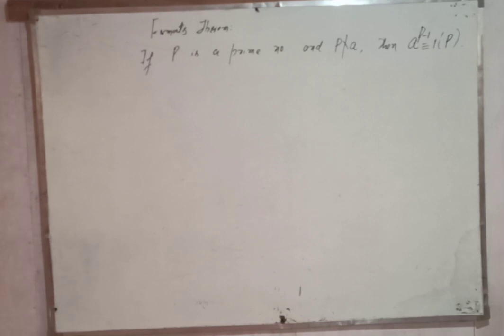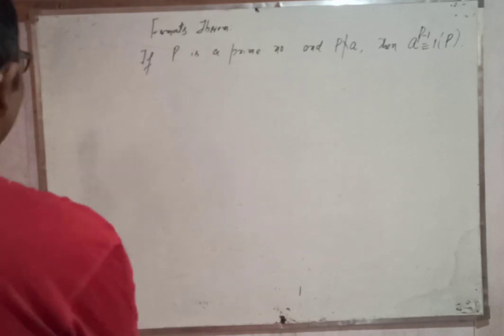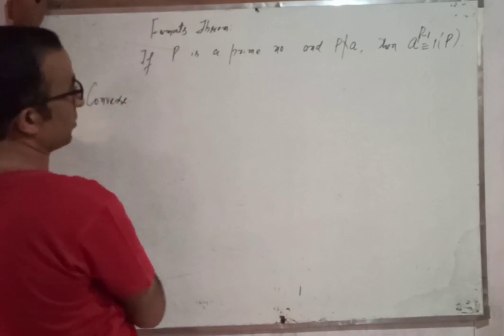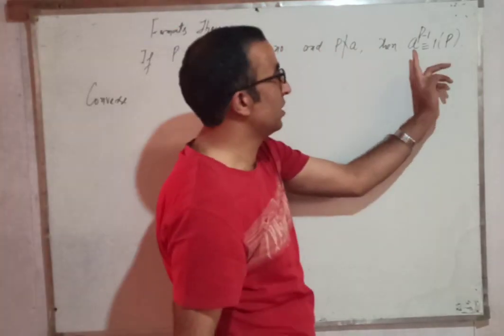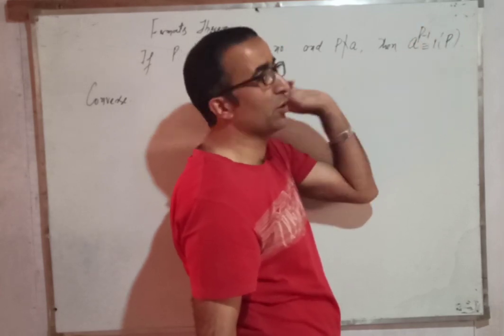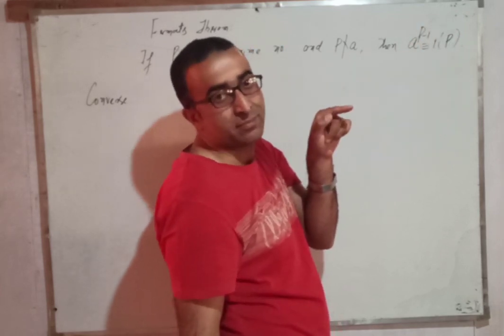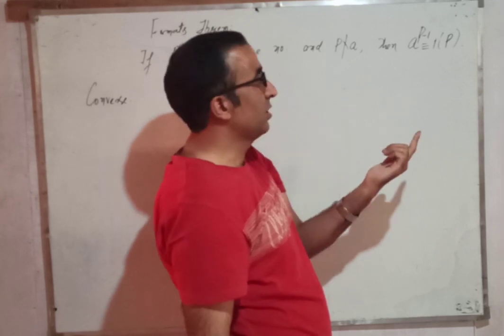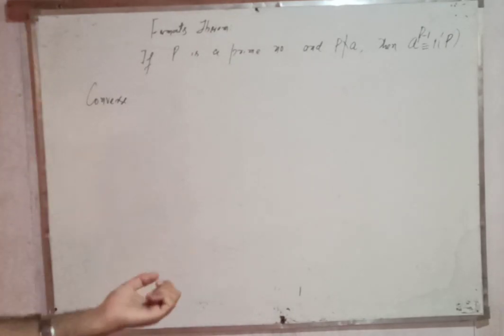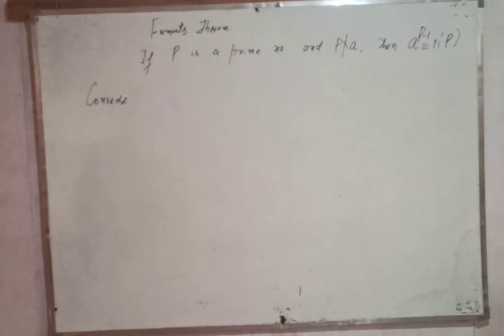So what will be the converse? The converse is: if you have this type of relation, a power m minus 1 is congruent to 1 modulo m, is m prime? This is the question. The converse holds, but under a given condition.